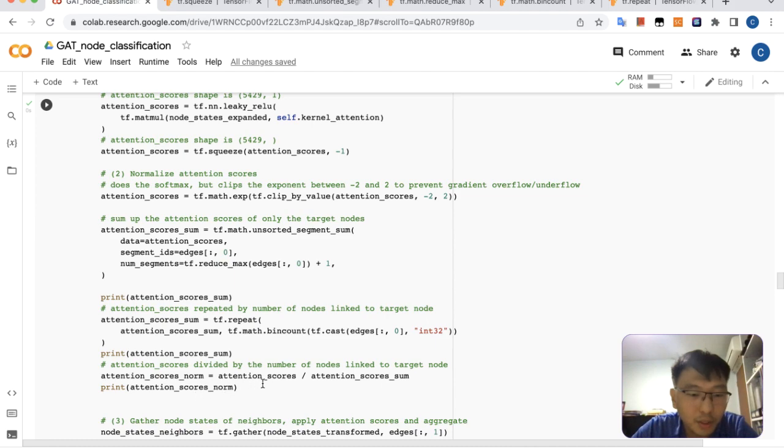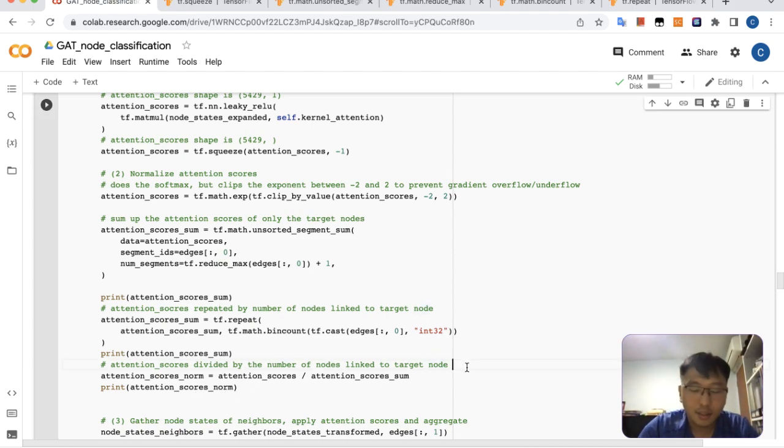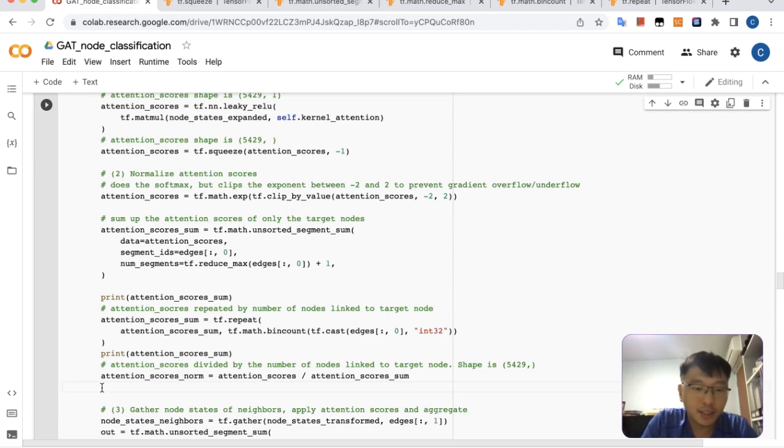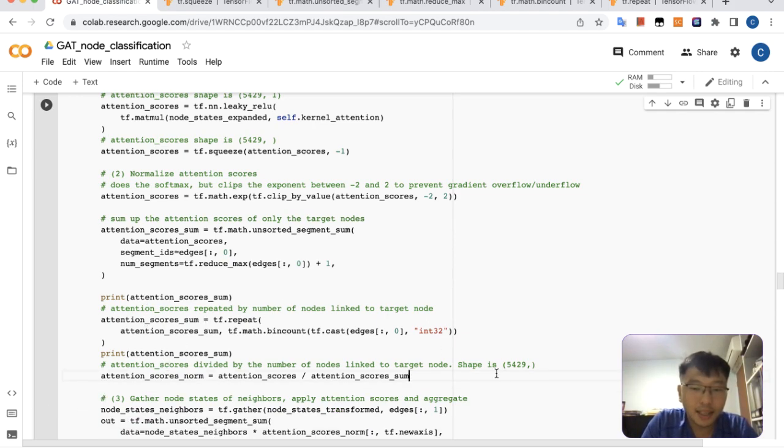So this final shape here is in the end still back to 5429, where I guess basically each node will be normalized by the number of neighbors it has. So yeah, it will be normalized by this.